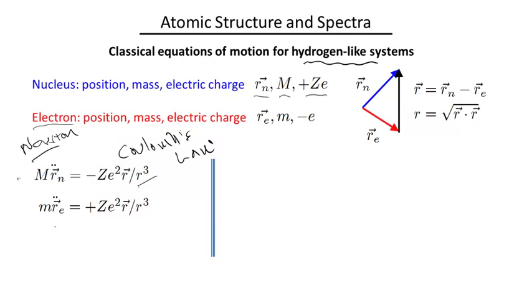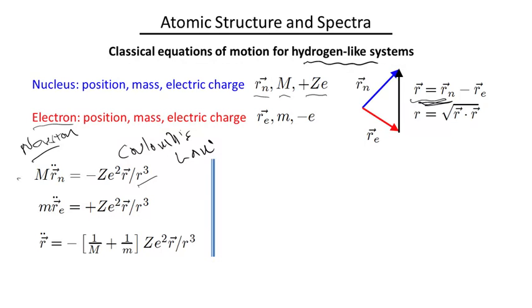Now, I'm using this coordinate r here, which is the separation between the nucleus and the electron coordinates, because that is in fact the relevant length that describes the electrical force law.